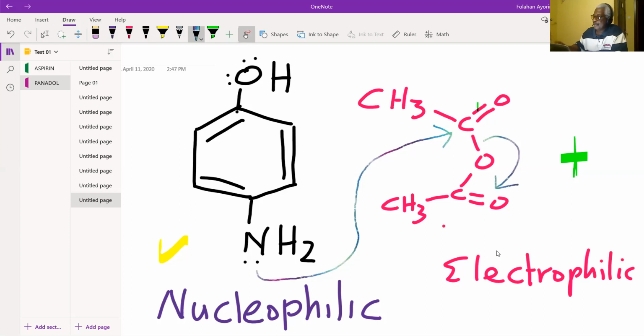So this part of the molecule will break away, thereby having the nitrogen attached to this carbon here to subsequently form the final product. So the point is here that nitrogen in this molecule is more nucleophilic. In other words, the pair of electrons available to nitrogen is more readily available to attack a positive center.